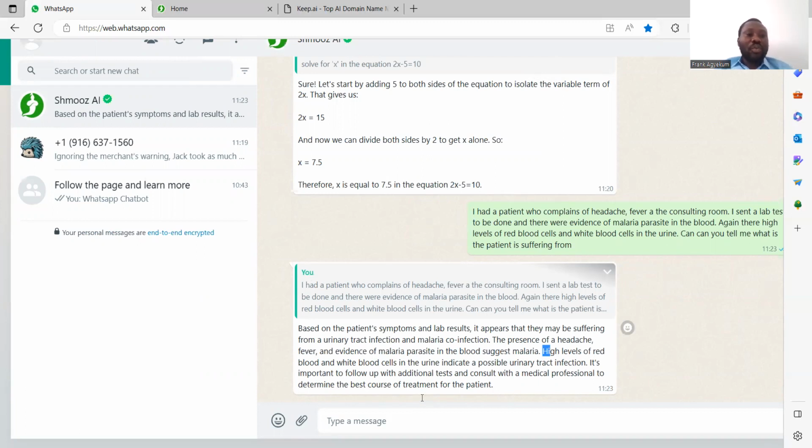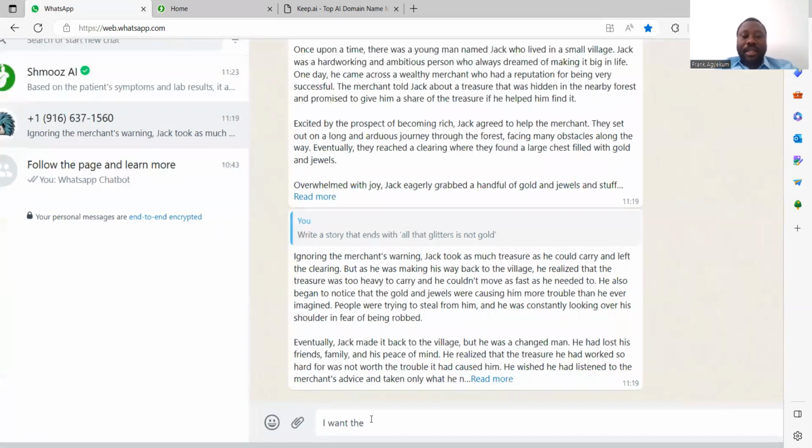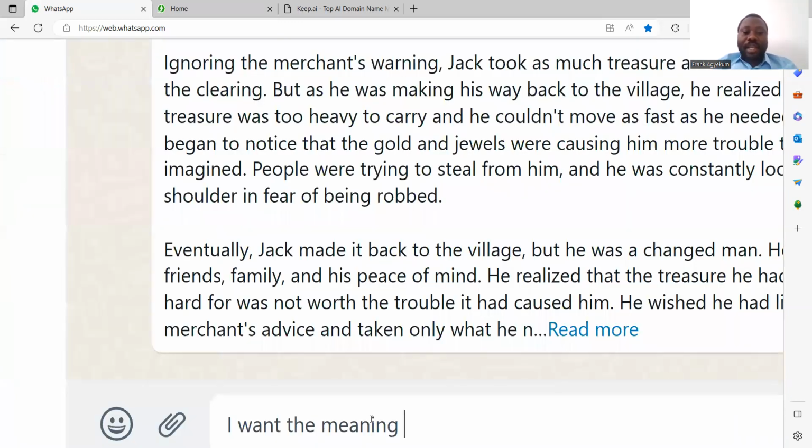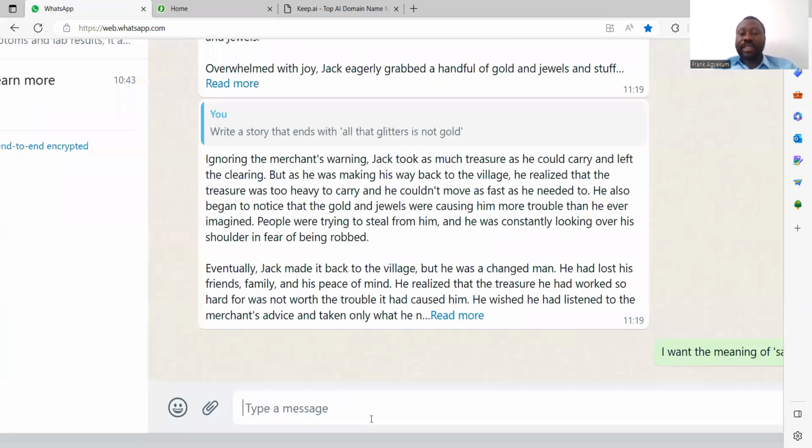We haven't finished. What we are going to do is to actually ask ChatGPT the meaning of some words. So, for example, let me use Keepi-ai or Shmooz-ai. Mostly, you get your answers in all of them. I want the meaning of sanctimonious.